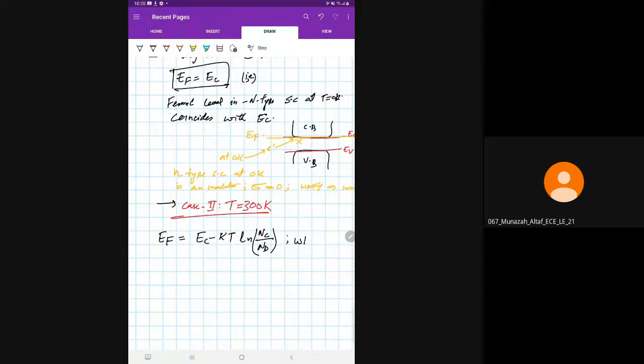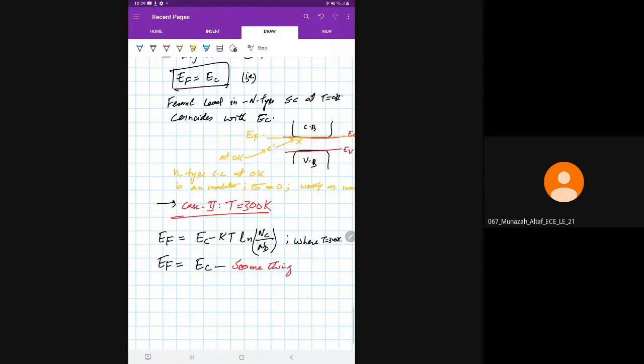If we substitute 300 Kelvin, EF will be equal to EC minus K into 300 Kelvin into ln of NC by ND. It will be a non-zero quantity.